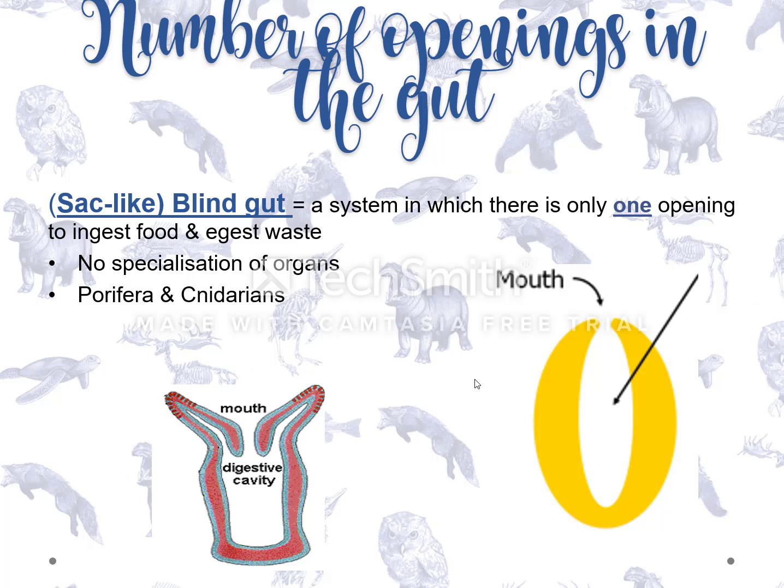The next body plan key feature is the number of openings that the gut has. Your gut, what is your gut? Okay, so take you back to grade 9. We'll be doing the digestive system later on this year, but I don't know if your teacher told you this, but this is how I teach it in grade 11. Let's say we had intestines that didn't turn and churn as much as they did.